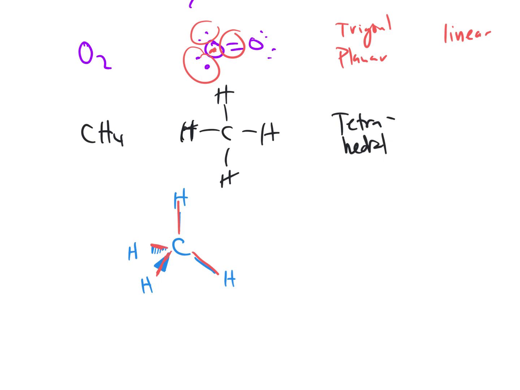And this one is sticking in toward the board. Can you see that 3-dimensional shape there? If I shade it, maybe it looks a little bit different. Can you see that's a pyramid? Right? But if there's 4 bonded atoms, this is called tetrahedral.